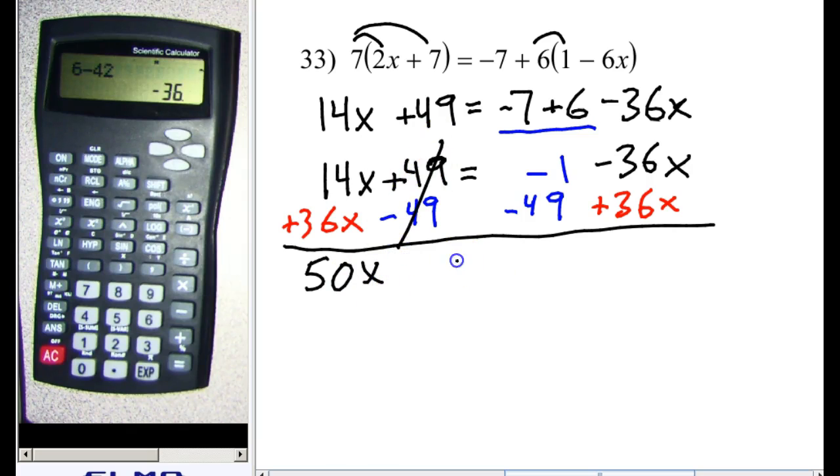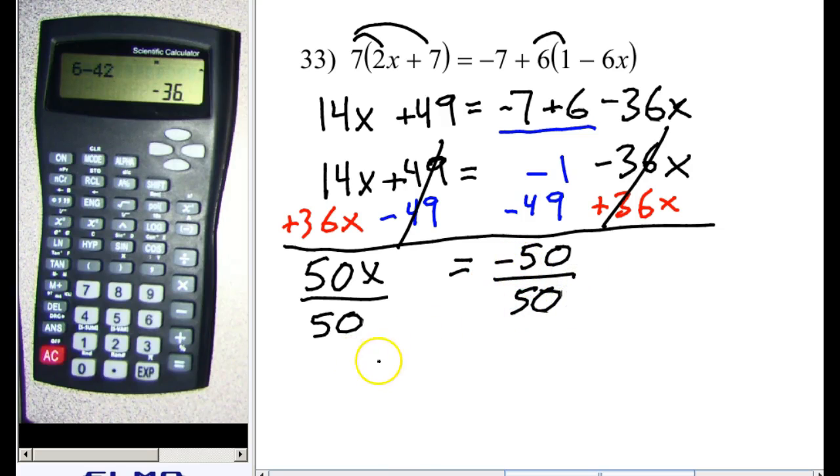That's 0. 50 times what equals negative 1 and negative 49? Negative 50. And 36 minus 36 is 0. So that's pretty straightforward. Divide both sides by positive 50. So negative 50 divided by positive 50 equals negative 1. And I'll let you do the check for that.